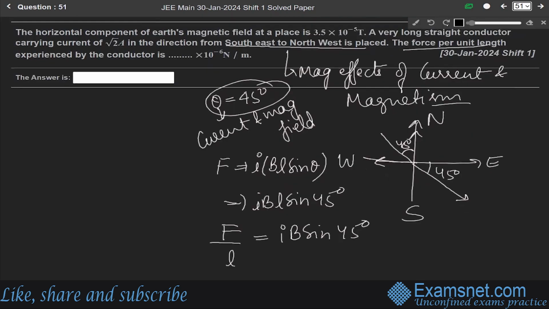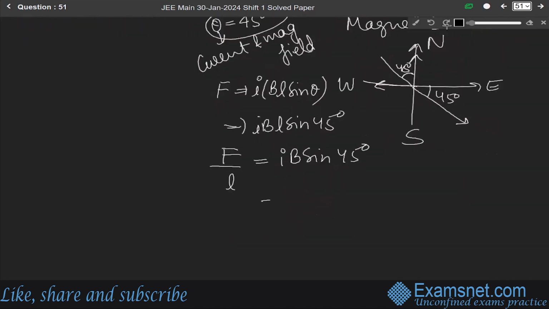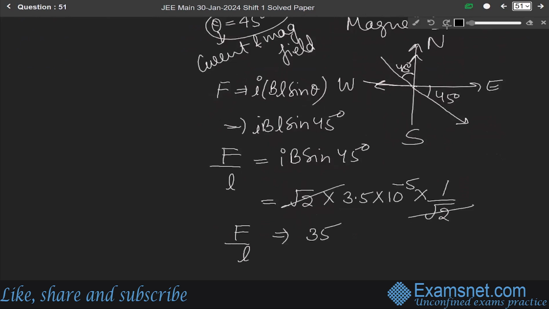And I is given as root 2 A. Current is root 2 ampere and the magnetic field is 3.5 into 10 to the power minus 5 Tesla. So it will be equal to root 2 into 3.5 into 10 to the power minus 5 into sine 45, which is 1 by root 2. So force per unit length will be equal to 35 into 10 to the power minus 6 Newton per meter.